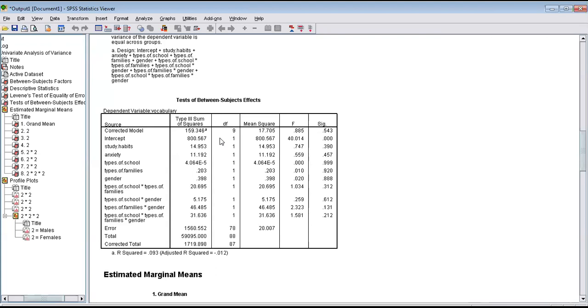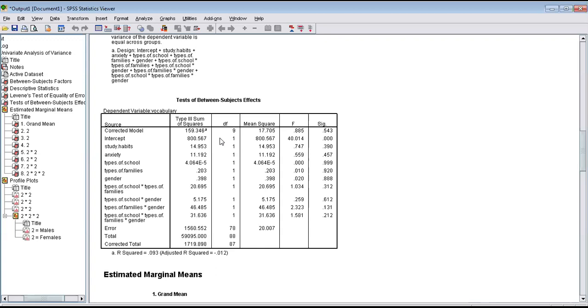And the next is 31.64 and so it is 1.58. And you know, none of the adjusted F values is significant. All these are not significant.